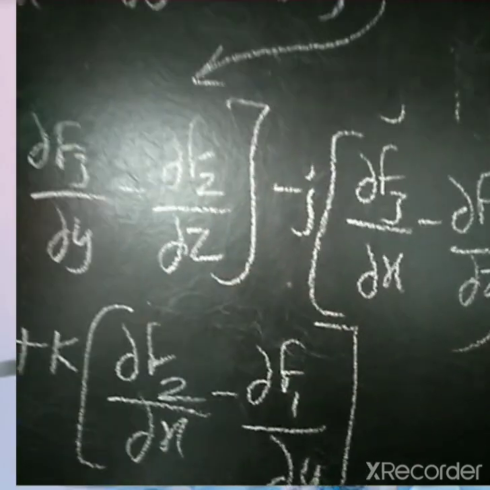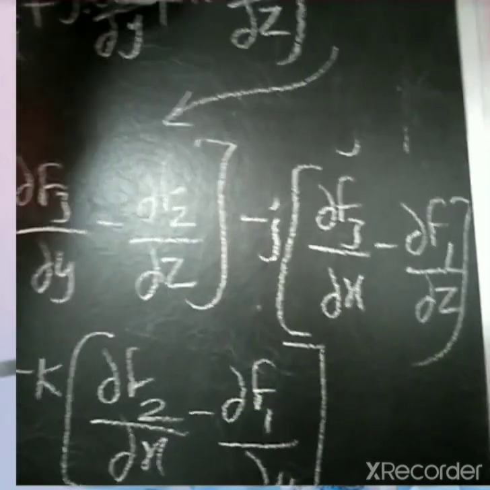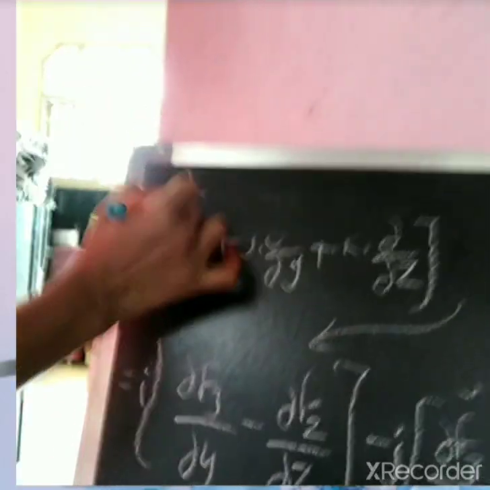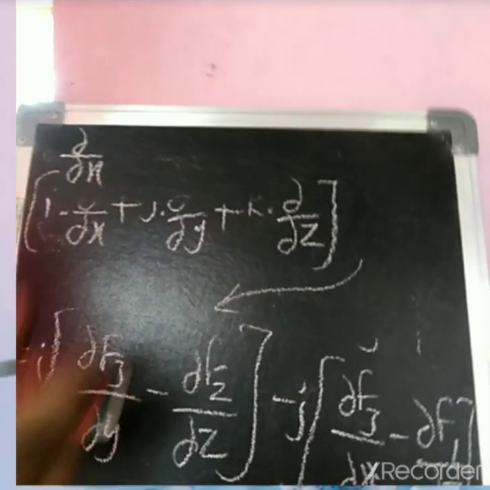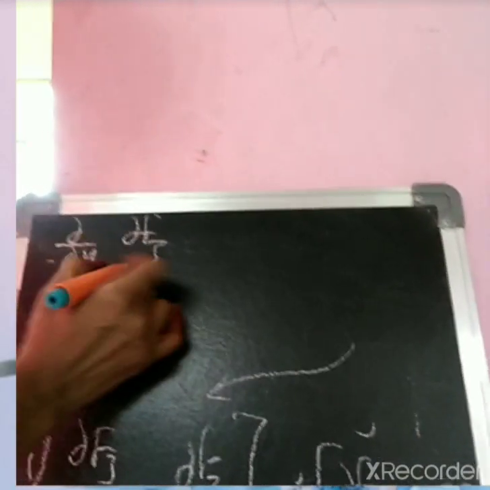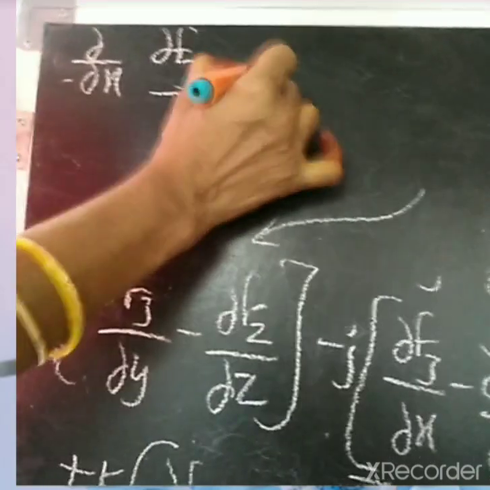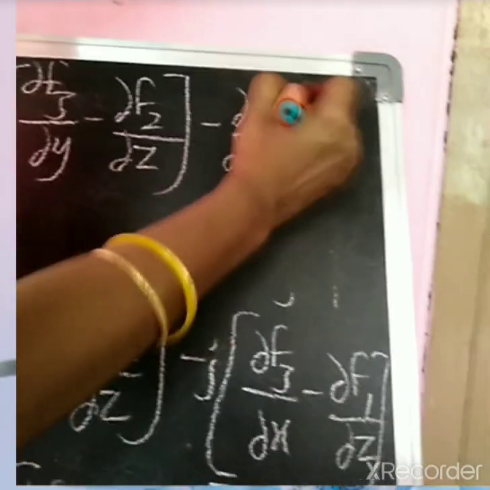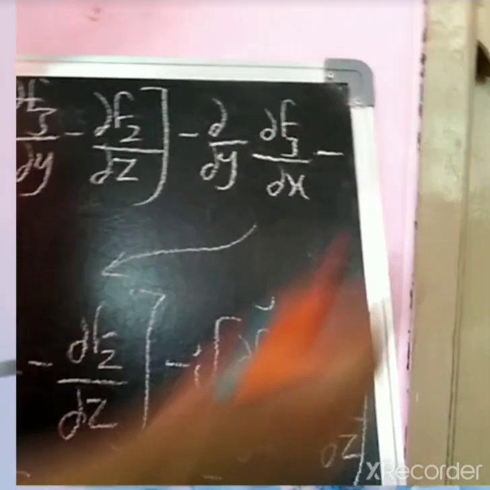So I can write i dot i is 1, dou by dou x of dou f3 by dou y minus dou f2 by dou z, plus j into minus dou by dou y of dou f3 by dou x minus dou f1 by dou z.